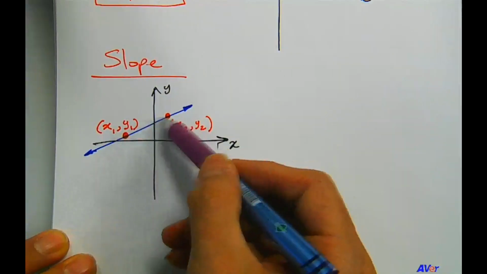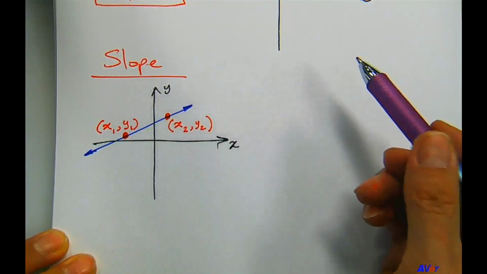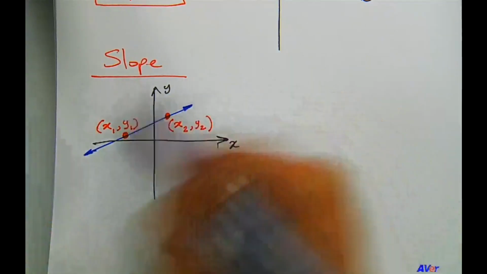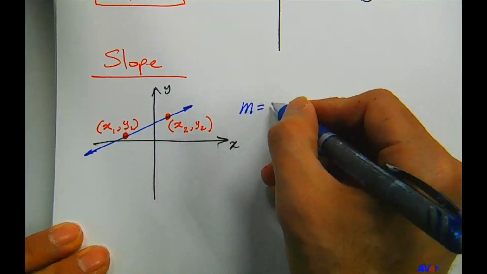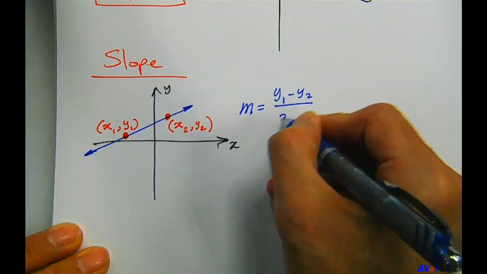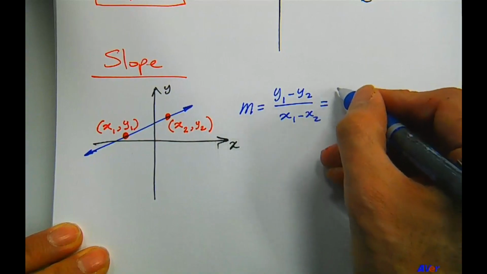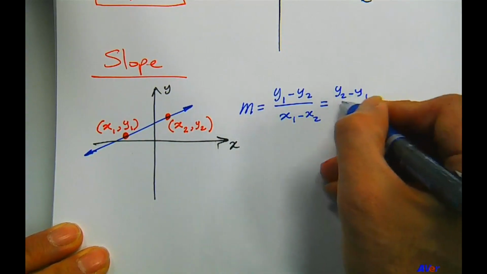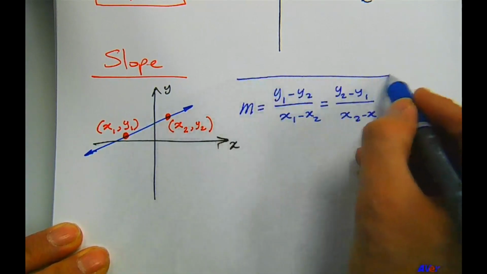Given 2 points along a line, we can quickly and easily calculate the slope using this formula. M again is for the slope, y1 minus y2 over x1 minus x2, and that is equal to y2 minus y1 over x2 minus x1.